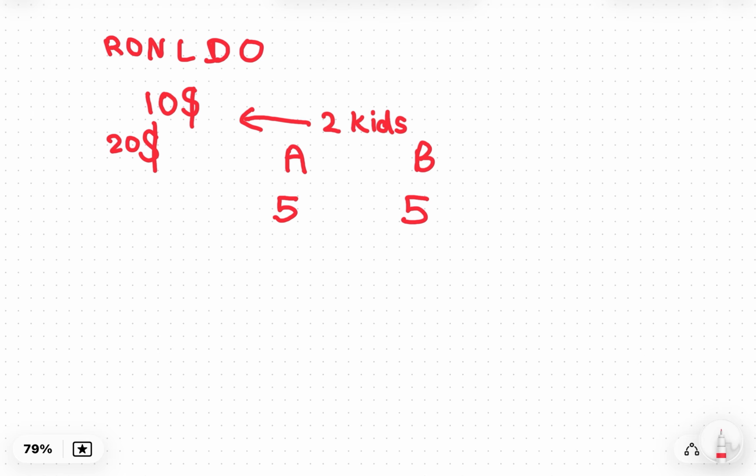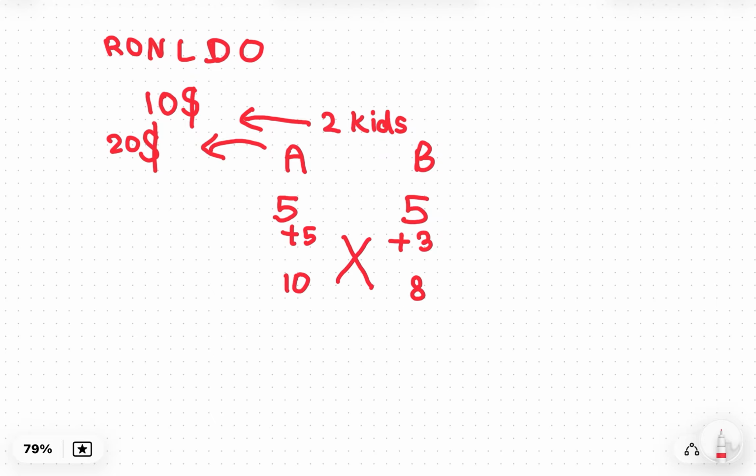Now those kids go to Ronaldo to get more pocket money. Now Ronaldo wants to give $20 to these kids. If we add $5 on the left hand side and add $3 on the right hand side, there will be 10 here and 8 here. Will this be equal?